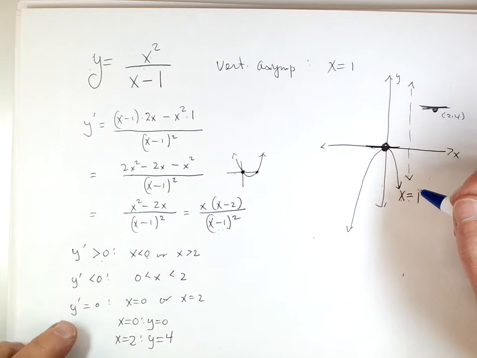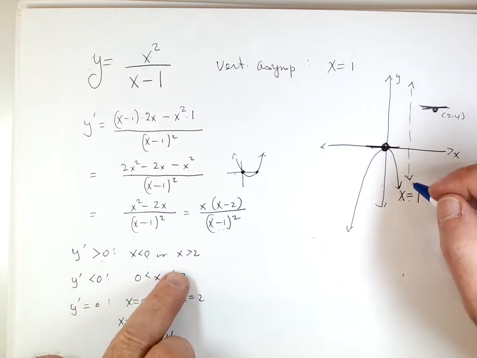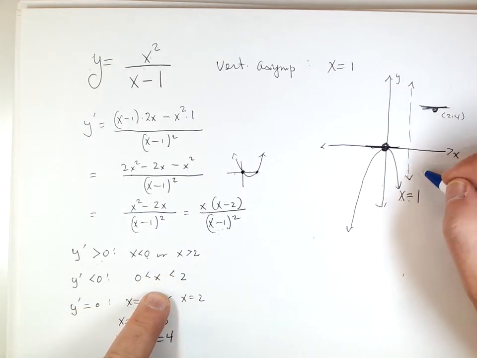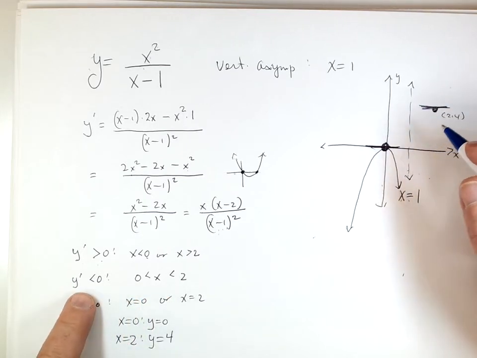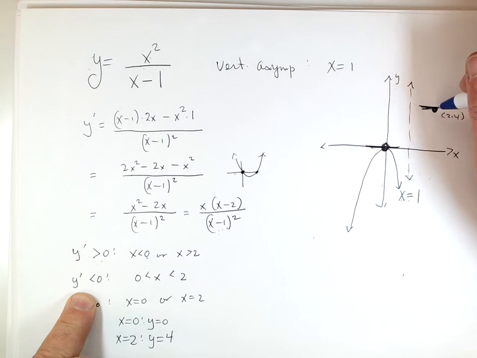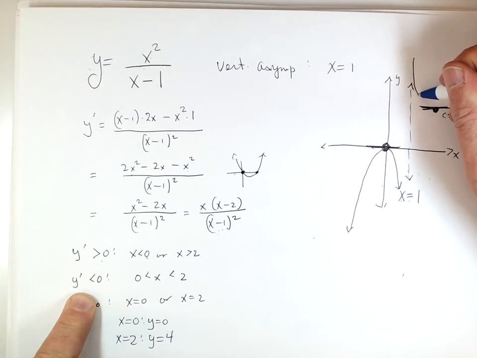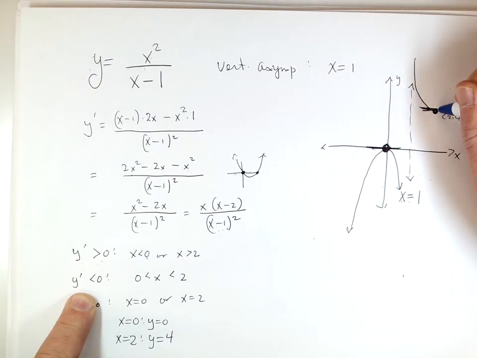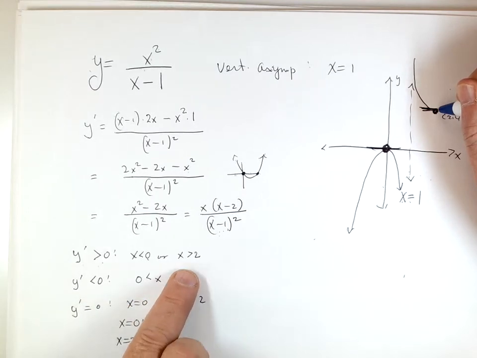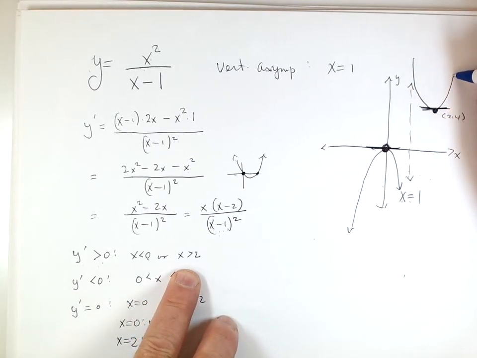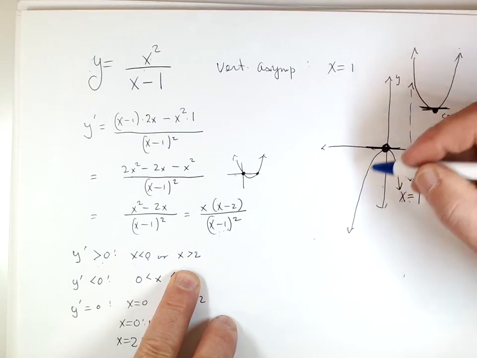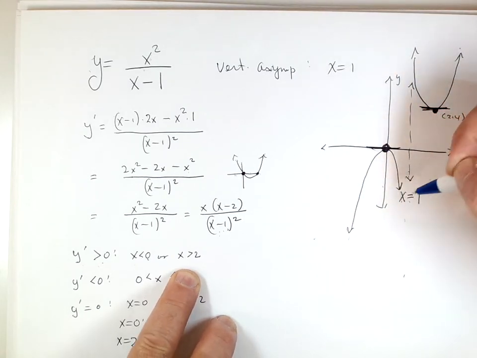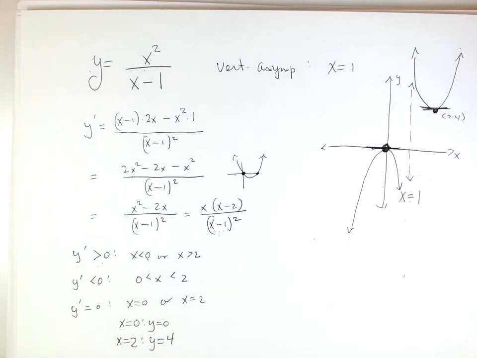When x is also greater than 1, we need a horizontal tangent here, it's going to be falling and then falling to a horizontal tangent. At 2, it hits the horizontal tangent, and then it's going to be rising again. Falling, horizontal tangent, rising. Rising, horizontal tangent, falling. This is the graph, without doing the second derivative.